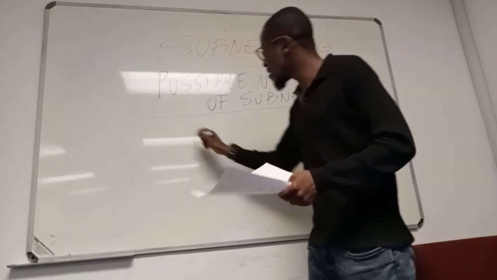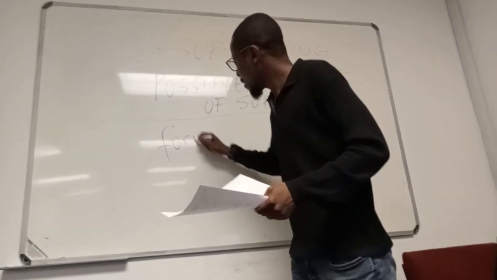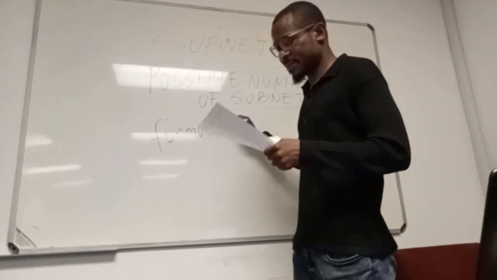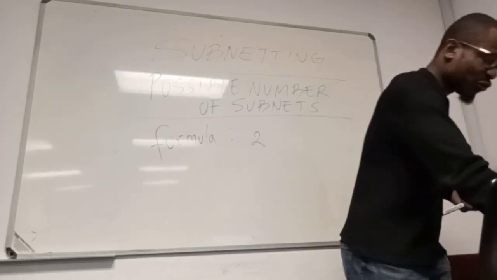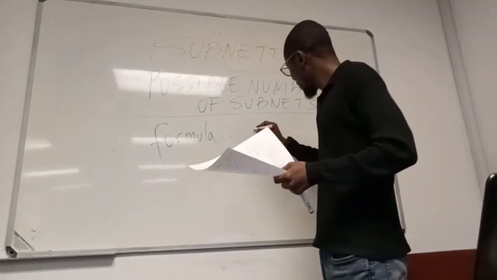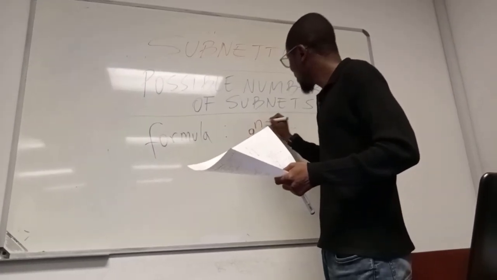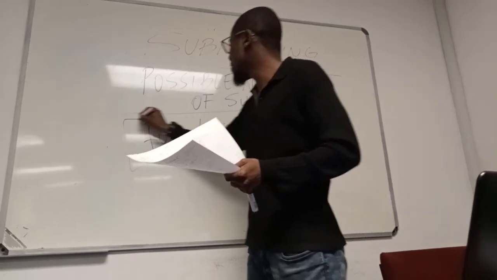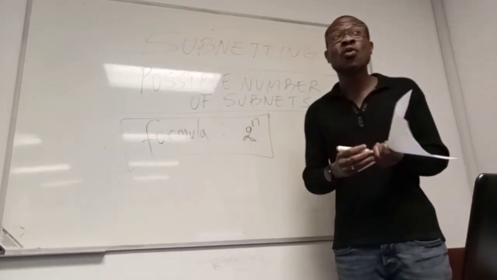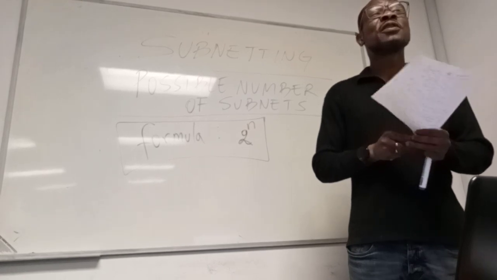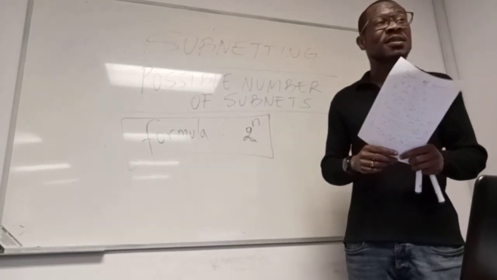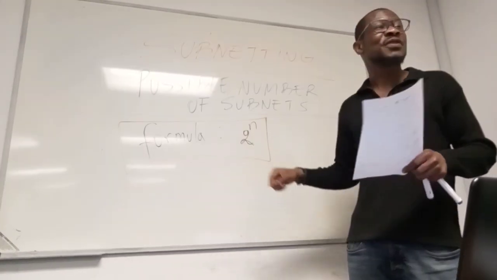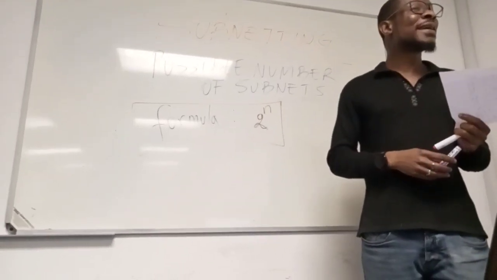You must use this formula. Easy formula. 2 to the power of n. This is the formula that we're going to be using. So for you to know the number of rooms you are going to have in your house, you must use which formula? 2 to the power of n.